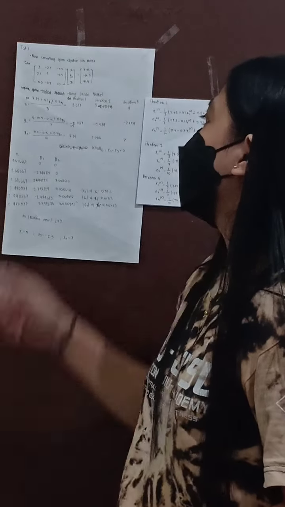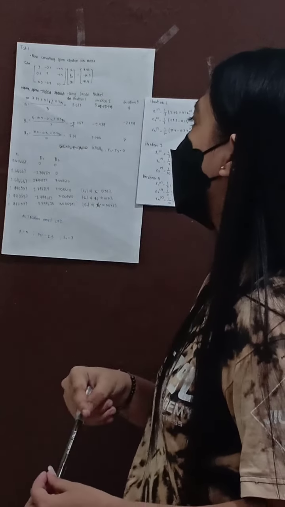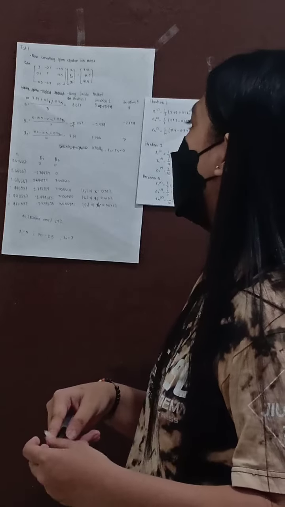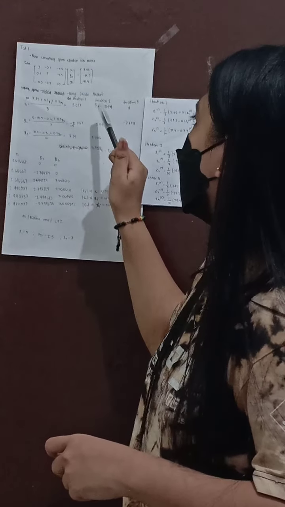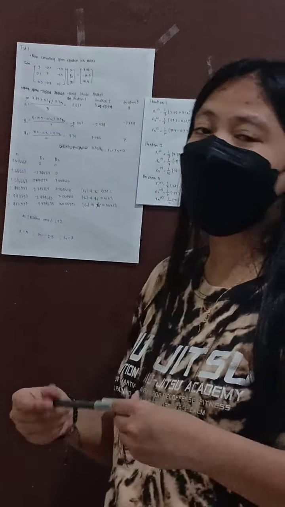And x3 equals 71.4 minus 0.3 x1 plus 0.2 x2, over 10. So here you have the answers for iteration 1, iteration 2, and iteration 3.